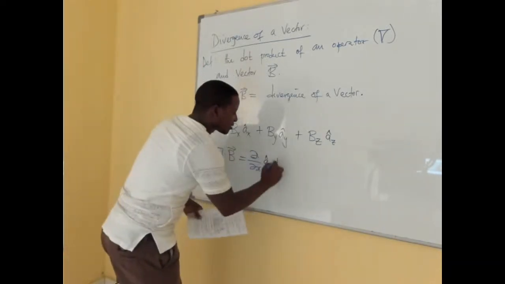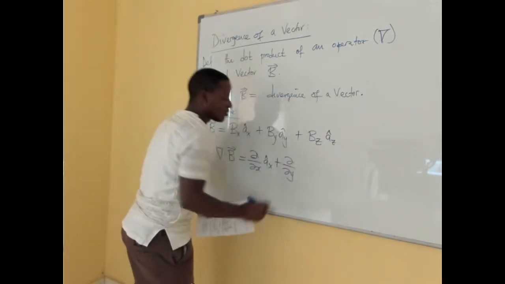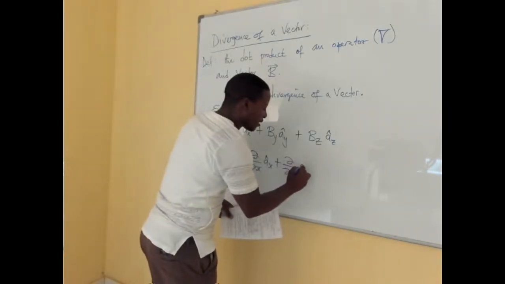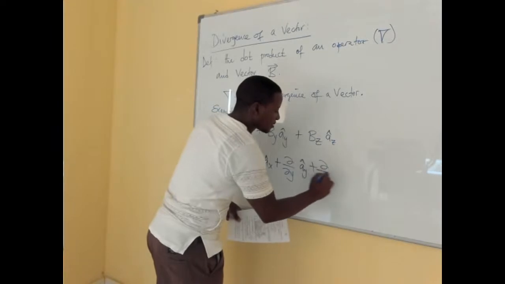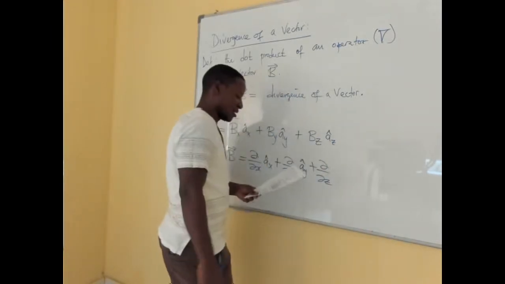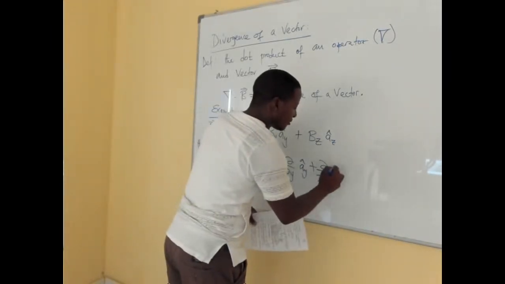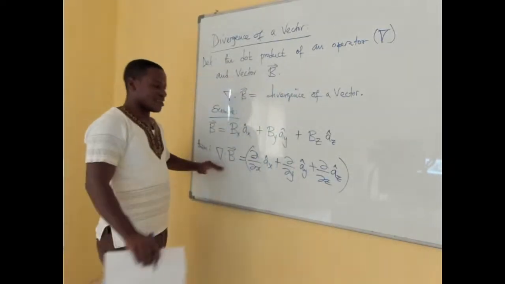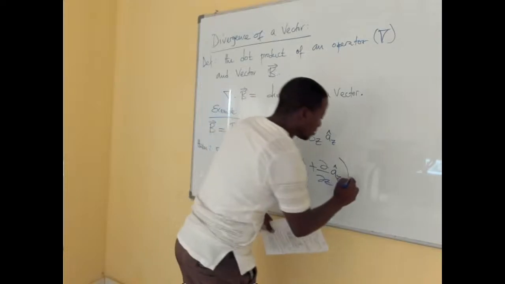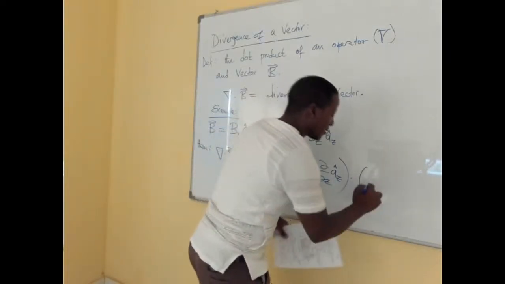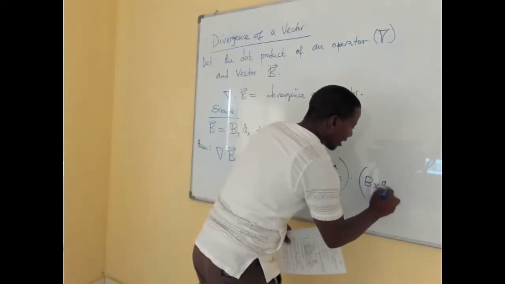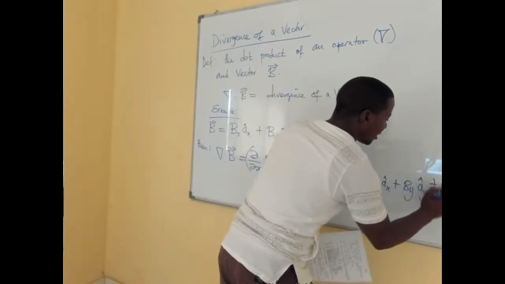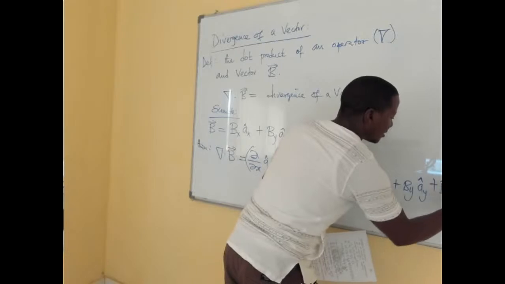Then we add that to the partial derivative with respect to y, multiplied by Ay, plus the partial derivative with respect to z, multiplied by Az. Then all this operator, we dot it to Bx Ax plus By Ay plus Bz Az in that way.